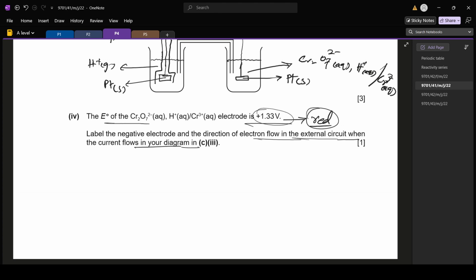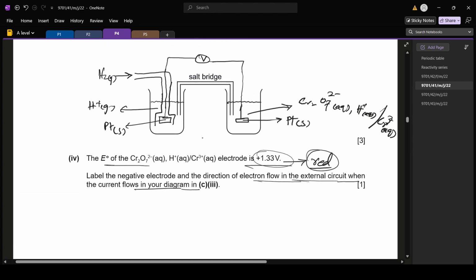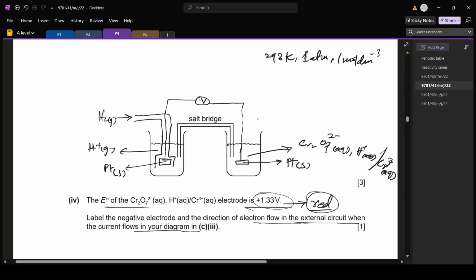Okay, so this is a reduction. Reduction happens at the cathode, which means this dichromate electrode is the cathode, and in this cell the cathode is positive, because the anode is where the electrons are generated.